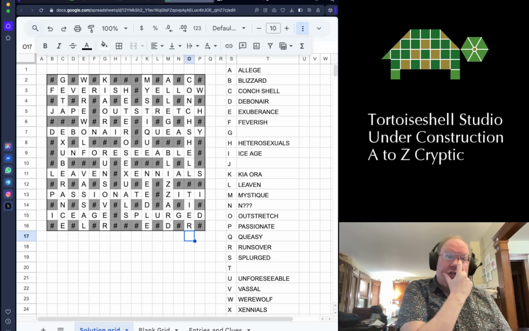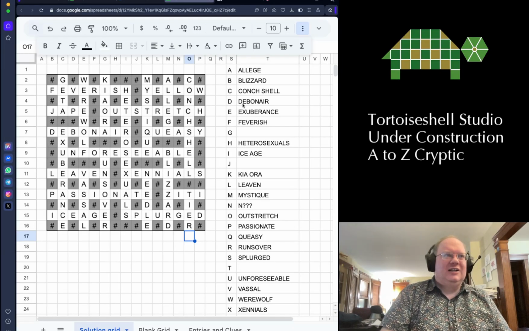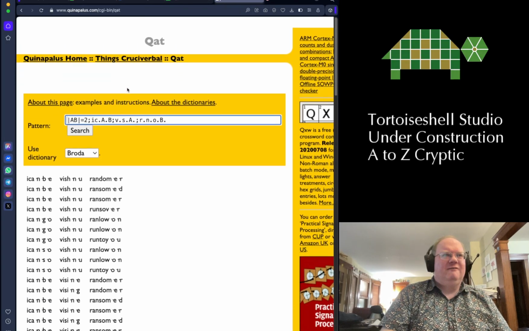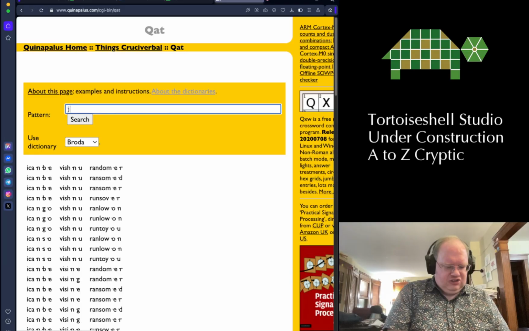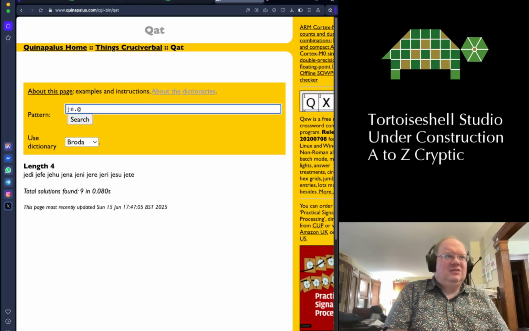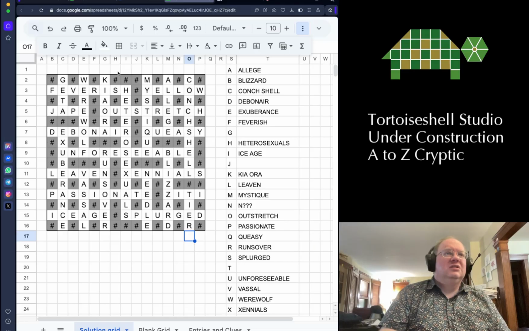So, although let me see what I have for JE dot vowel. Jedi. How would you clue Jedi?